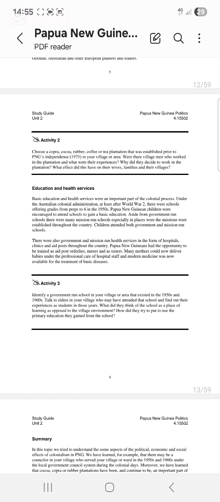And then 1975, we've got our independence. So that is, you can say, a timeline of Papua New Guinea as a state from 1884 to 1949, 1951, 1964, 68, 72, and 1973.